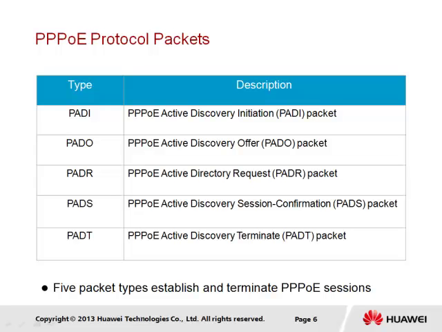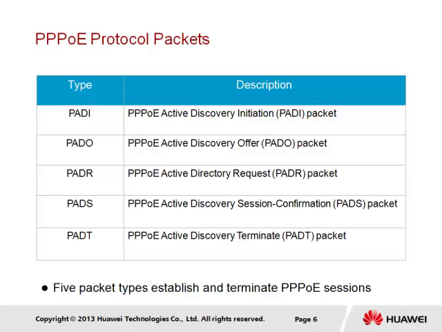We can understand the PPPoE process based on two stages, the first being the discovery stage and the second being the PPP session stage. The activation of a session first relies on the discovery of the BRAS, with which a session is initially built. In order to support this discovery process, PPPoE uses four packet types in the form of the PPPoE Active Discovery Initiation, or PADI, Discovery Offer through the PADO packet, Discovery Request through the PADR packet, and finally the Discovery Session Confirmation, or PADS packet.